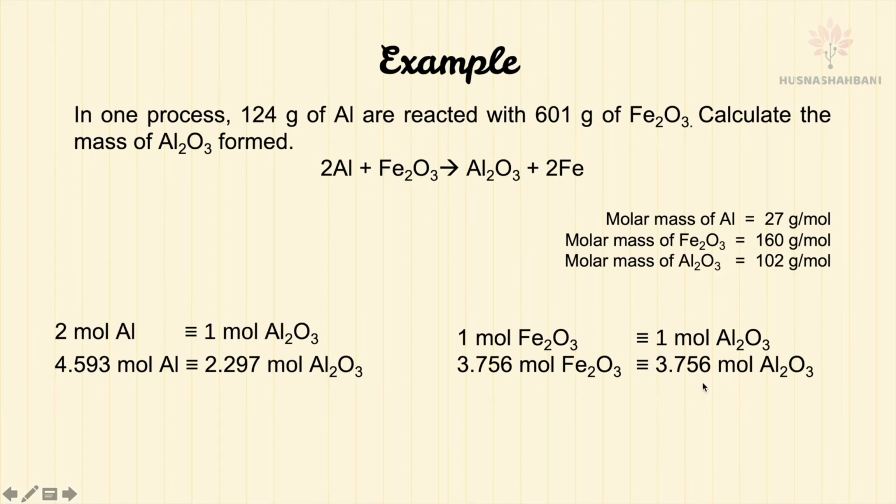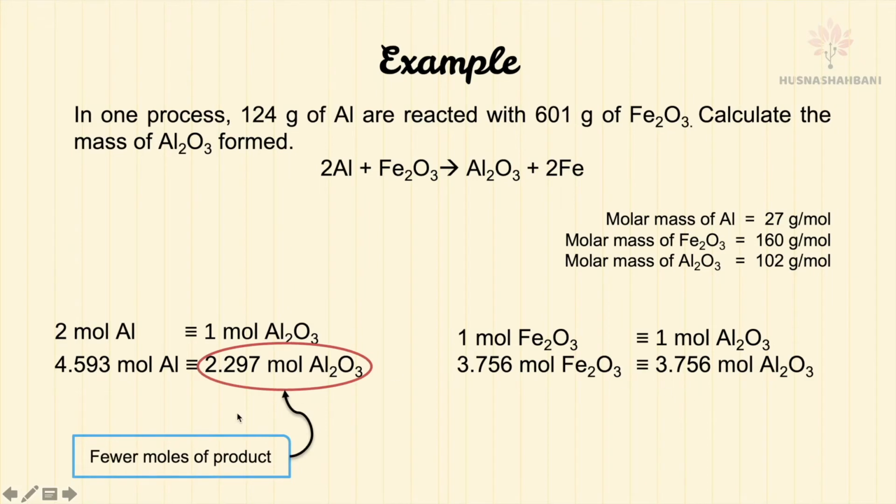Compare and do cross multiplication. If you compare the number of mole of the product, because we are comparing both, Al with the product, Fe2O3 with the product, then for this one we compare the coefficient, and for the next one we compare the actual number. Notice that the product mole is fewer when you compare with Al.